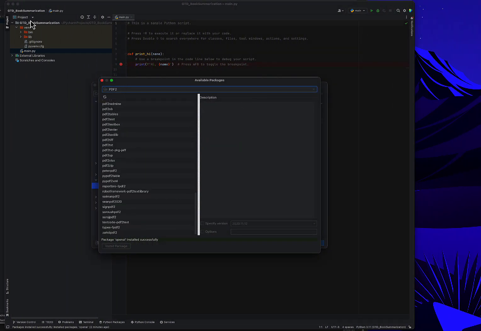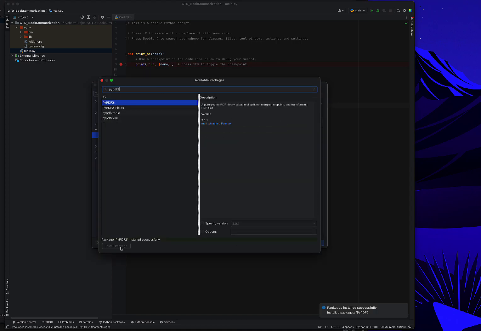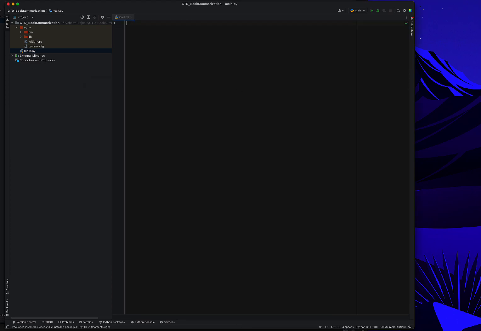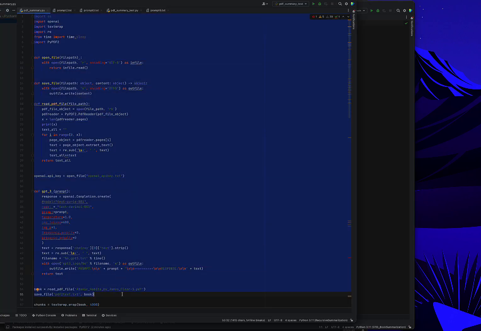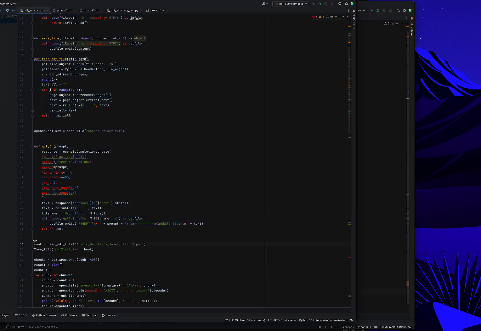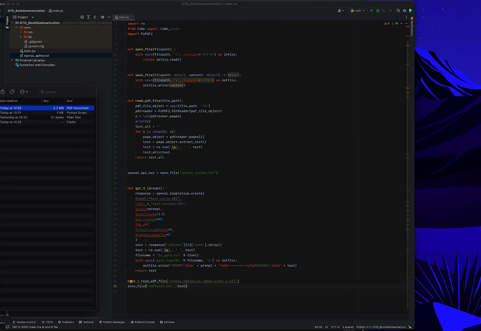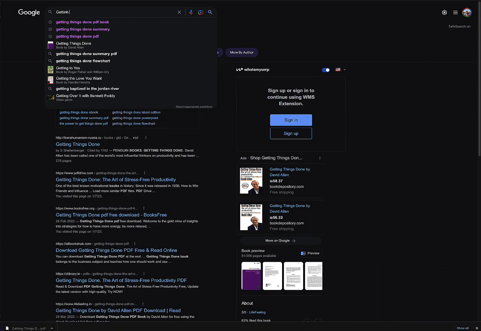So I wrote a Python script using the OpenAI libraries to generate a much more detailed list of points from the book. And I want to share with you all the steps that I did, from coding the script to the final results, which included a full summary of the book and a long list of points exactly as I wanted. I started by downloading the PDF file of the Getting Things Done book.